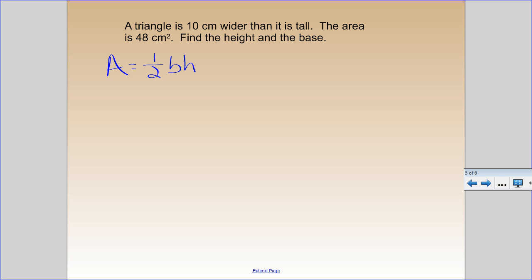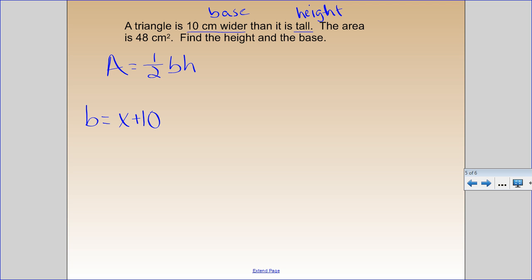And let's define our variables. It says the triangle is 10 centimeters wider than it is tall. Well, tall must mean our height, and wide must be our base. So let's define our variables. B is wider than tall, so it's x plus 10.